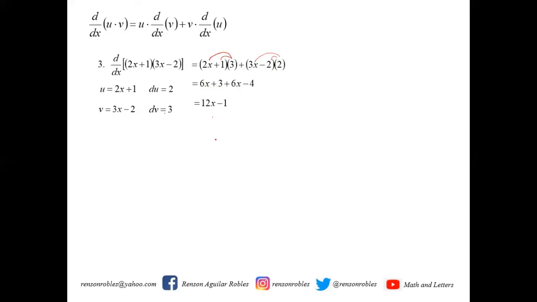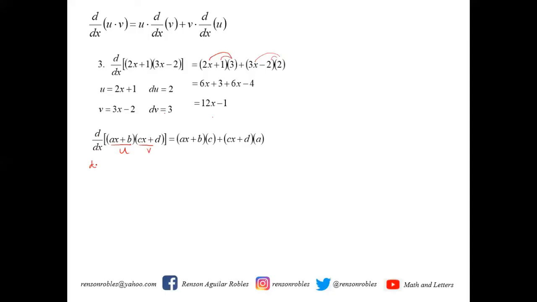Okay, now, from this given example, we shall generate a special formula when you are differentiating a function of the form ax plus b times cx plus d. Okay, so we will generate a special formula for this special type of function. And we shall take note that, again, this is our u and this is our v.